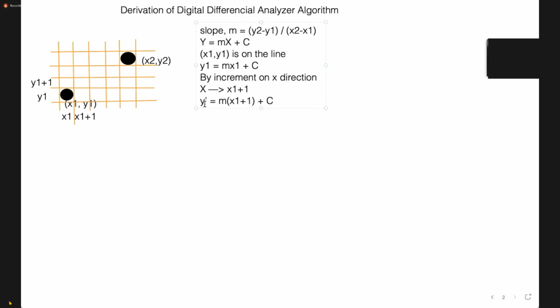Now y dash, that's why we don't know, okay. Therefore what we are going to do is we have to calculate the next one. Now I will take this equation as equation 1 and then I will take this equation as equation 2.